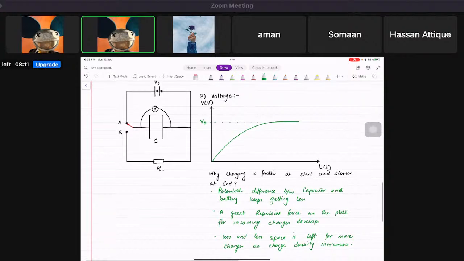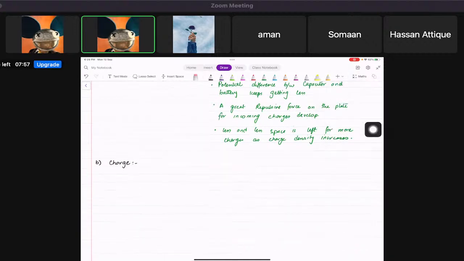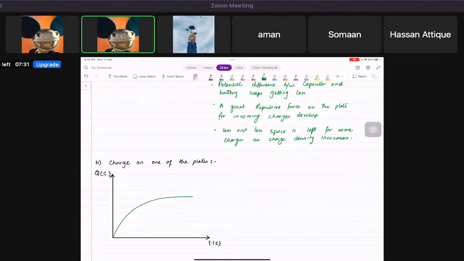Now, the next graph that we want to look at is the charge graph. So you're going to make the same graph, looking at charge on one of the plates. We always do that: charge Q in coulombs against time in seconds. For this one, the graph is basically identical to the voltage one.